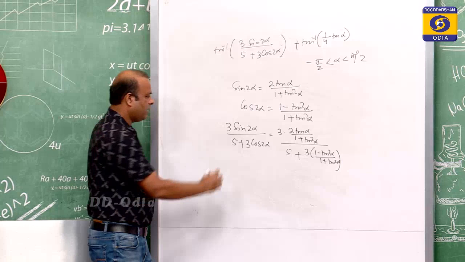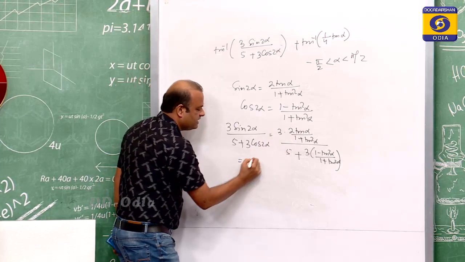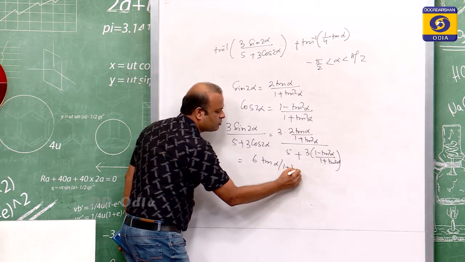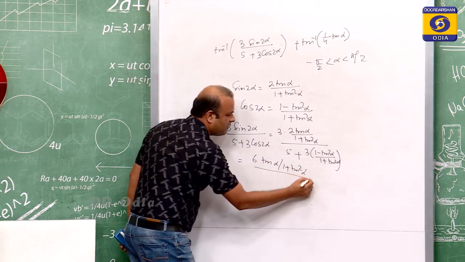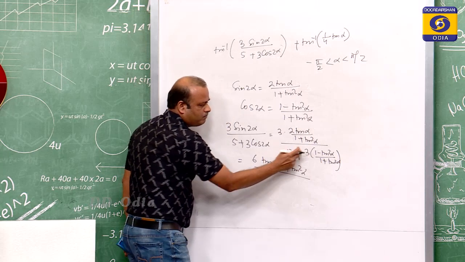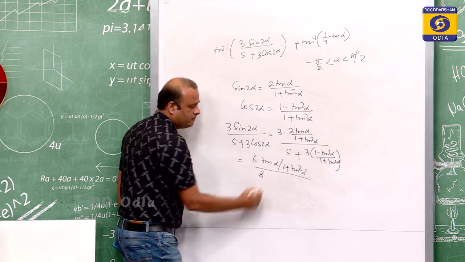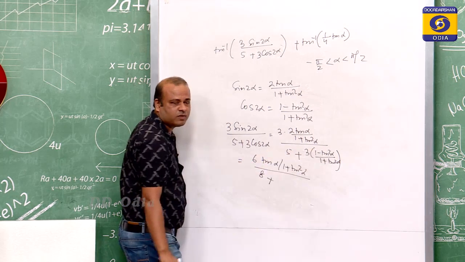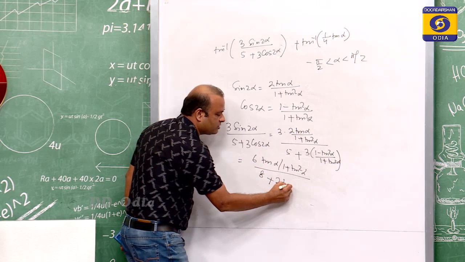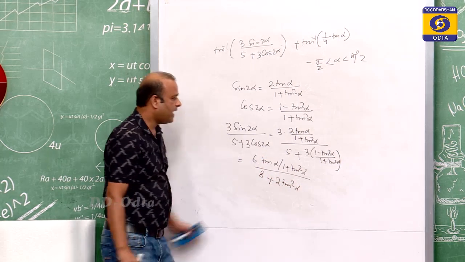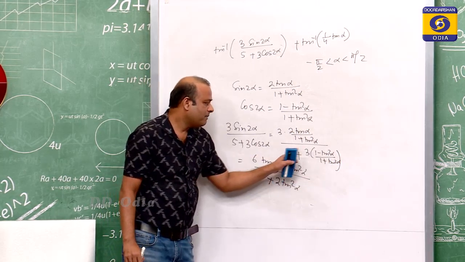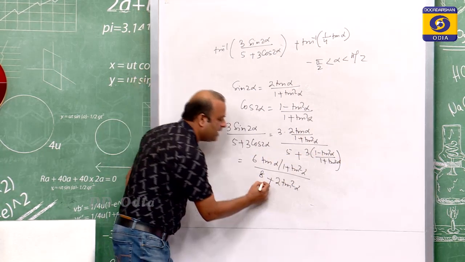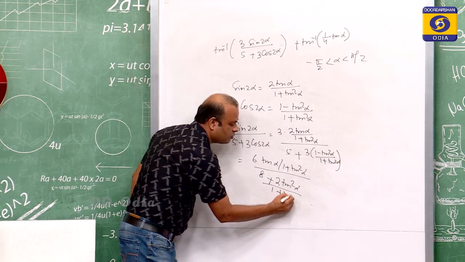Now this is equal to 6 tan alpha by 1 plus tan square alpha, divided by 5 plus 3 which is 8, plus 5 tan square alpha minus 3 tan square alpha which is 2 tan square alpha, all divided by 1 plus tan square alpha.